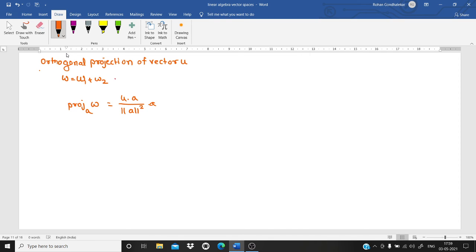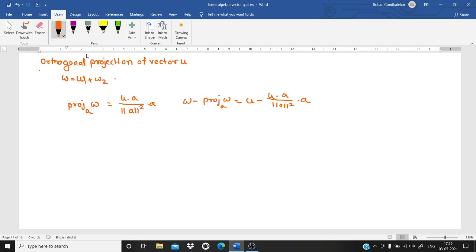And if we want w2, then w2 will be given as u minus the projection of u over a, that is u minus u dot a upon norm a square into a.